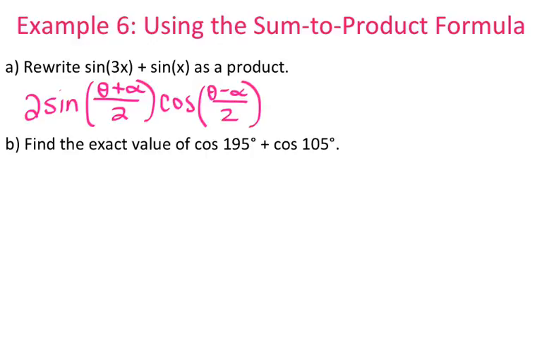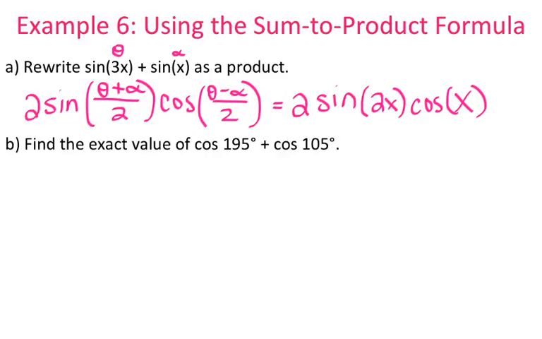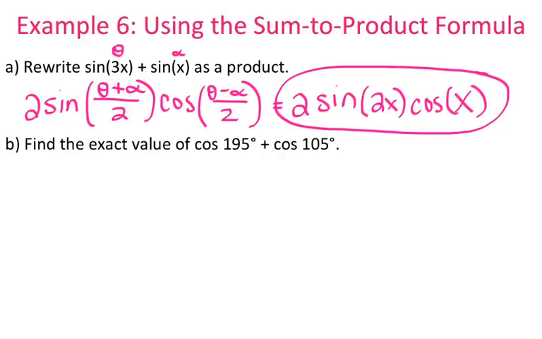Just copying down what's on my formula sheet. So the 3x is my theta, the x is my alpha. And then I can just rewrite it. So that's 2 sine of 3x plus x is 4x, divided by 2 is 2x, and then cosine of 3x minus x is 2x, divided by 2 is just x. And there you go. So that's rewriting the sum as a product.